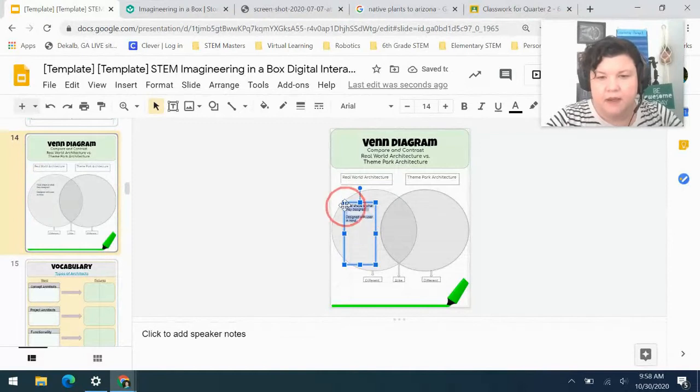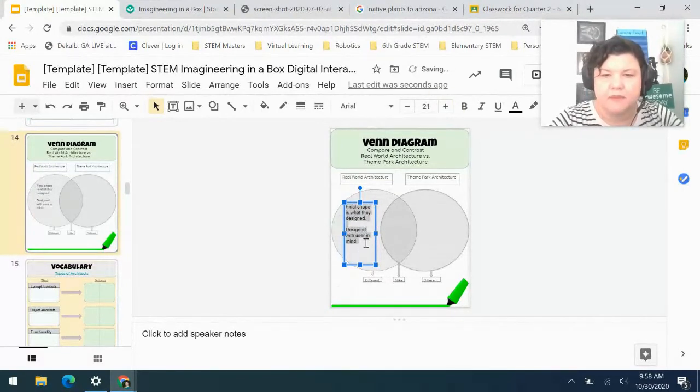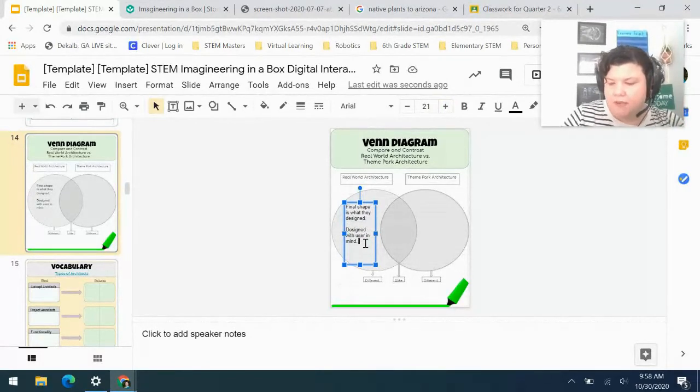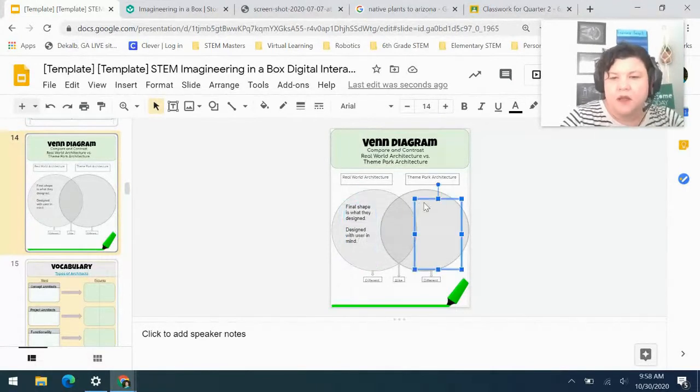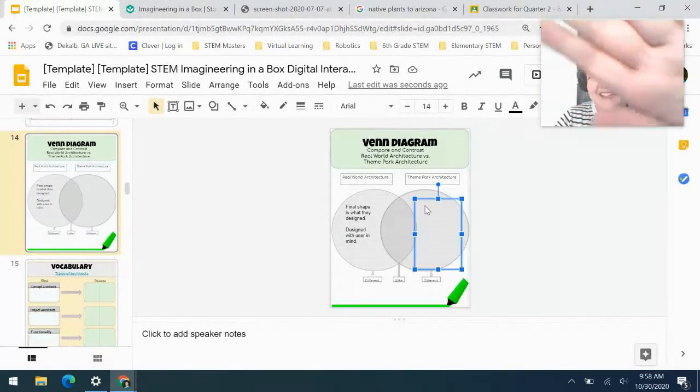Let me go ahead and increase that. If you compare that to a theme park architect, they are not only looking at the function of a space. There's a huge bright light, so let me try and get that back.